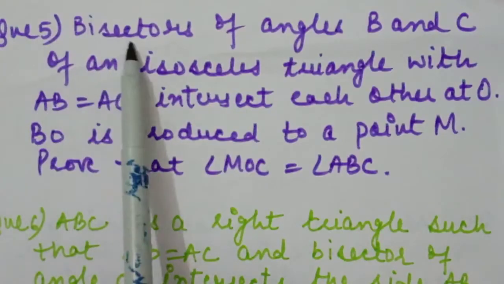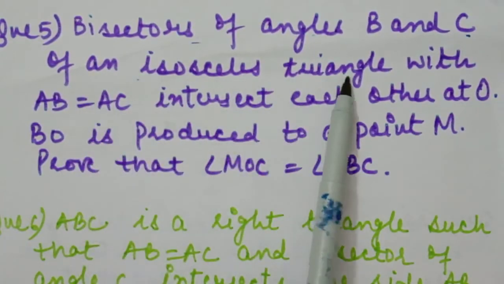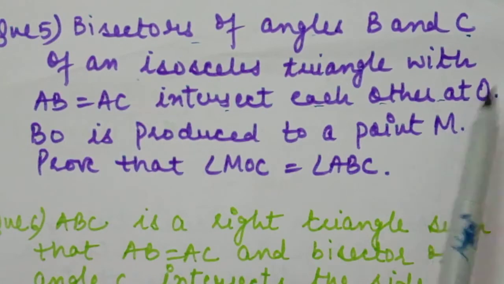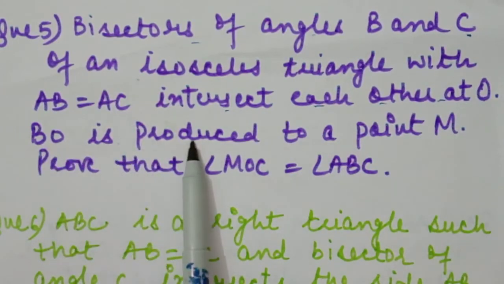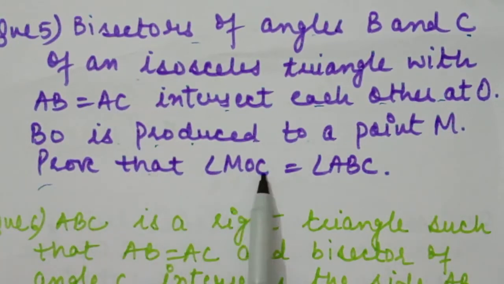The fifth question was: bisectors of angle B and C of an isosceles triangle with AB equal to AC intersect each other at point O. BO is produced to a point M such that angle MOC and angle ABC are equal to each other.